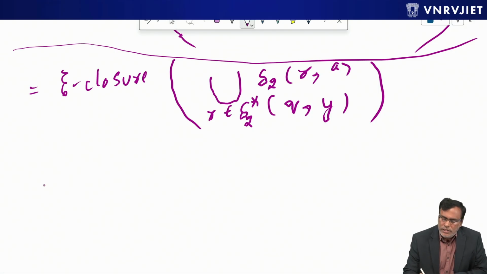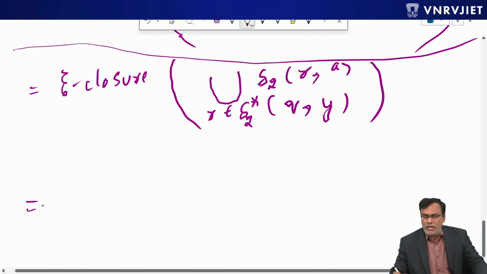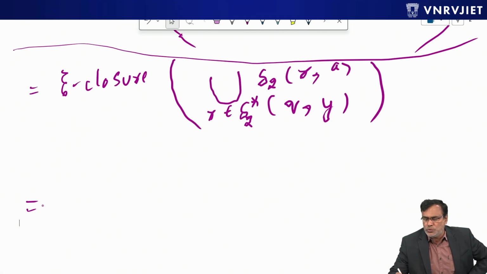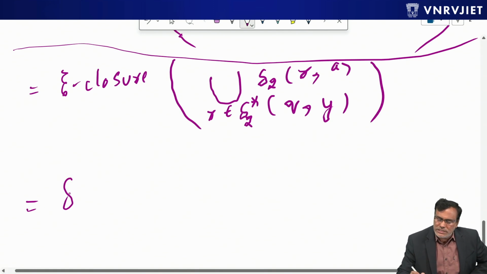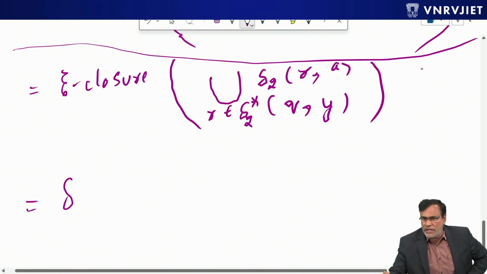So this can be rewritten as this. This is a formula of what? Epsilon NFA. What does delta star of QYA say? Epsilon closure of union of R belongs to delta 2 star of QY, delta 2 of RA. So this is from the definition of epsilon NFA directly, in the list of formulas I have written.